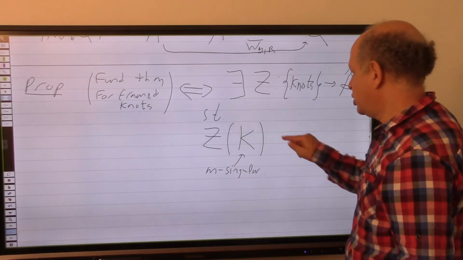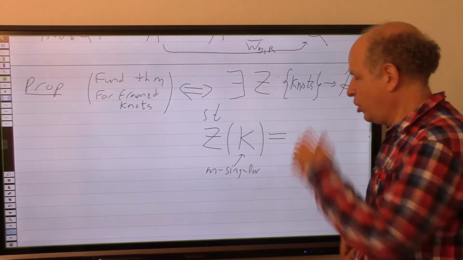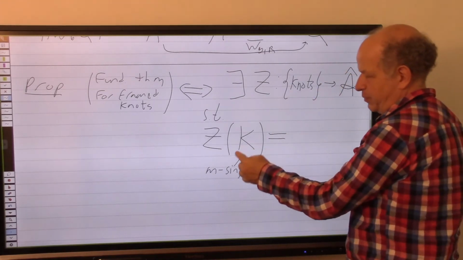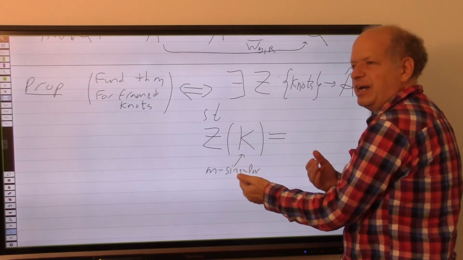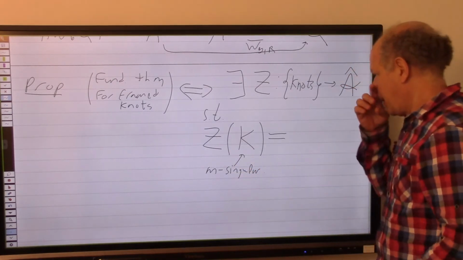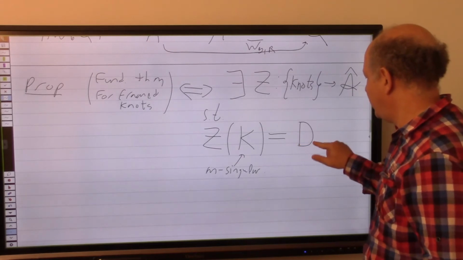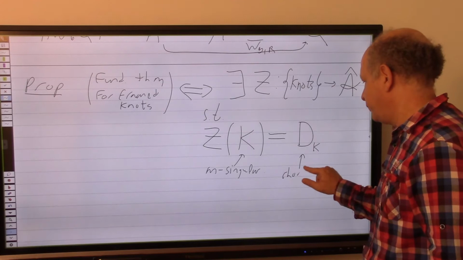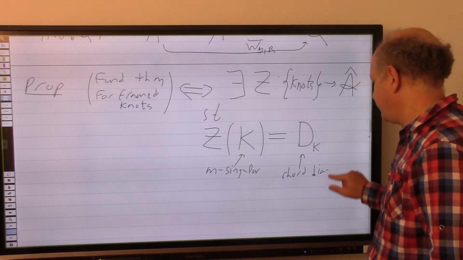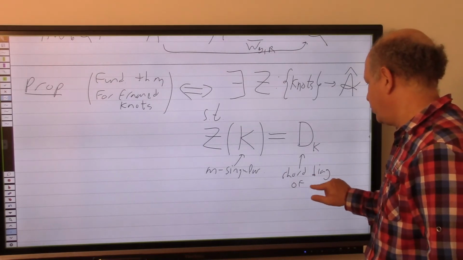And the condition that I want is the following. So if you have an m-singular knot, it has an underlying chord diagram. So this is the chord diagram of D.